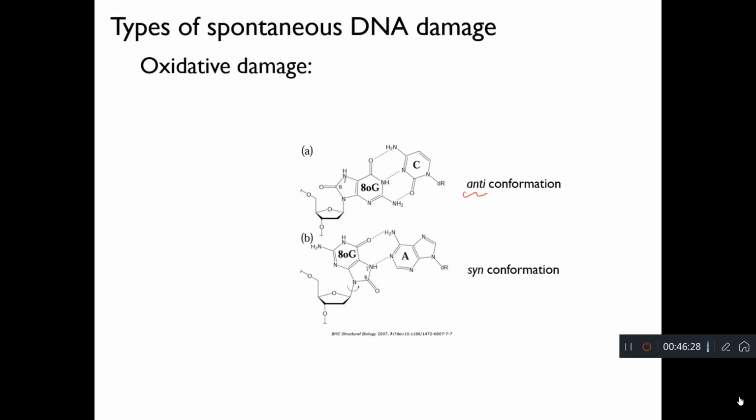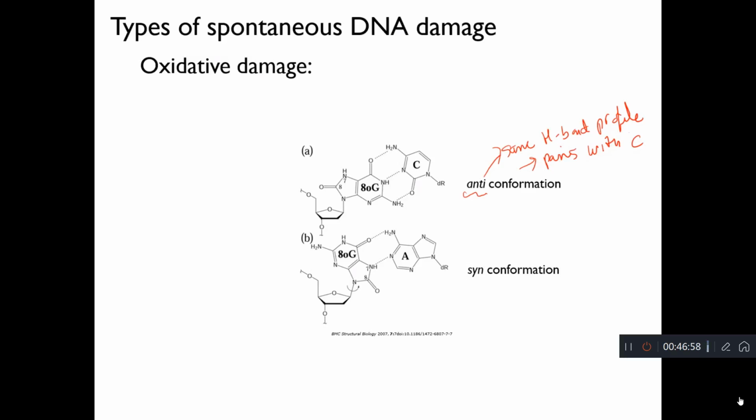Okay, so in this conformation, you have the same H bonding profile and pairs with C. And so there would not result in any mutagenesis at all, of course.